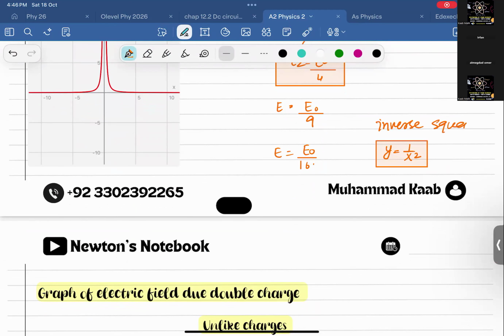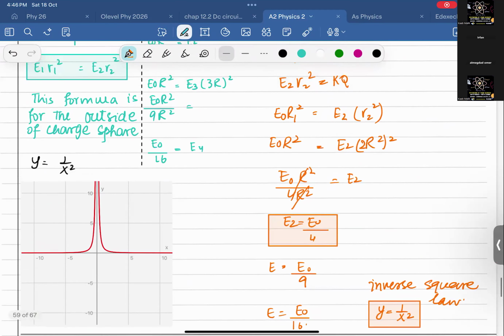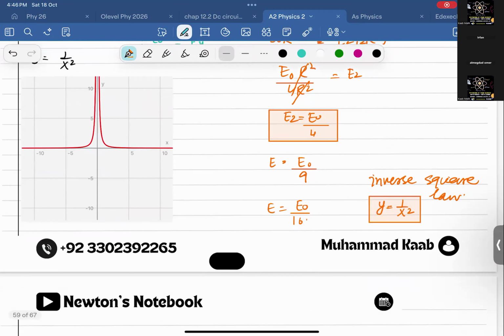So basically, over here, you can see that the electric field and the distance are following this law. This law actually shows you how your field is when you are near to the planet or near to the charge, and how your field will be when you move away from the charge or the planet. So it basically decreases drastically after a certain distance, because it is squared in the denominator. And this is what we call Coulomb's law, and the electric field strength.